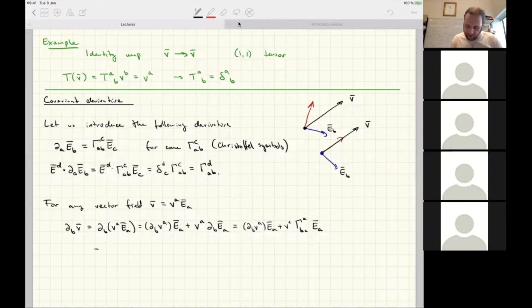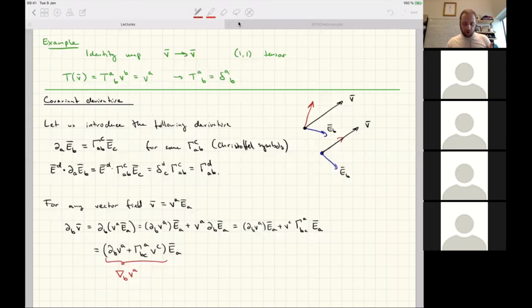Which means that this is equal to dB VA plus gamma B C A VC EA. And the component here is what I'm going to call nabla B VA.